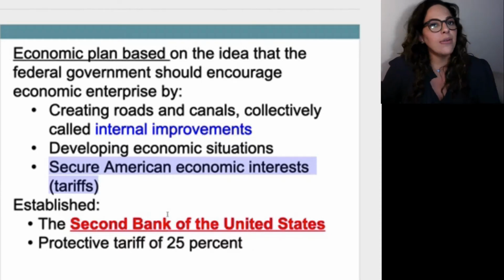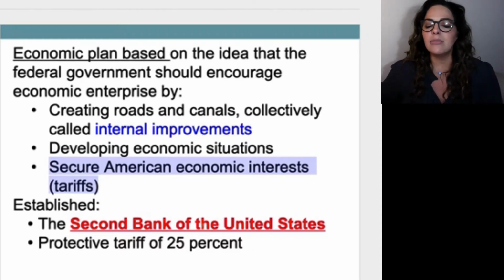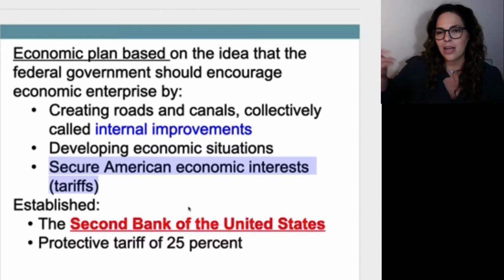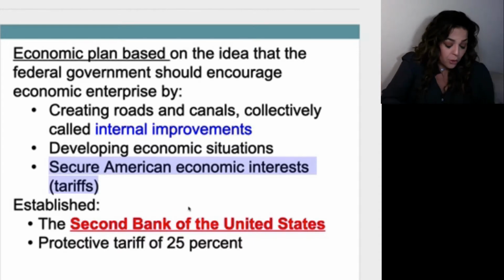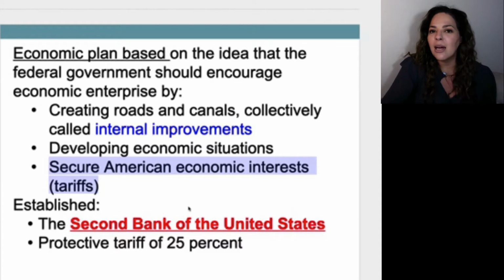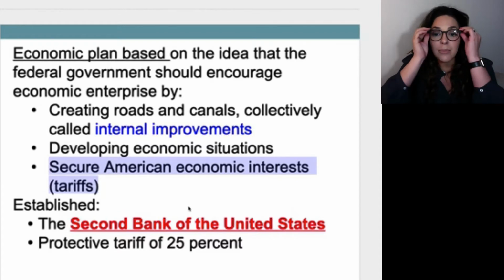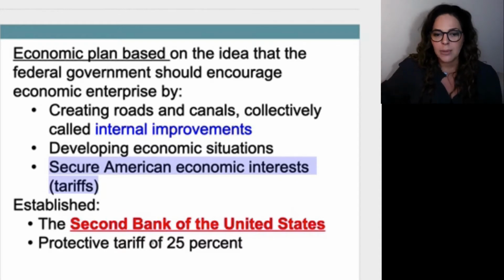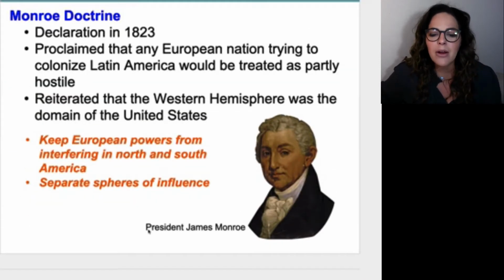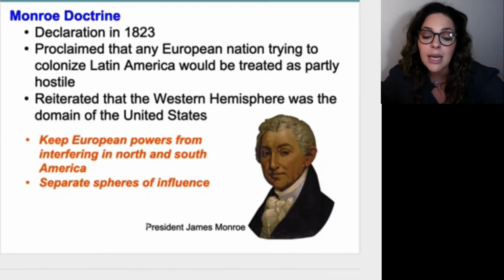And part of those tariffs, that protective tariff is going to be a 25% tax on imports. So it works really well if you're an American business selling American goods, because anything coming in from overseas is going to be much more expensive. So again, it goes to the idea that this is to benefit the American people and American businesses, and so far, it's going to work.